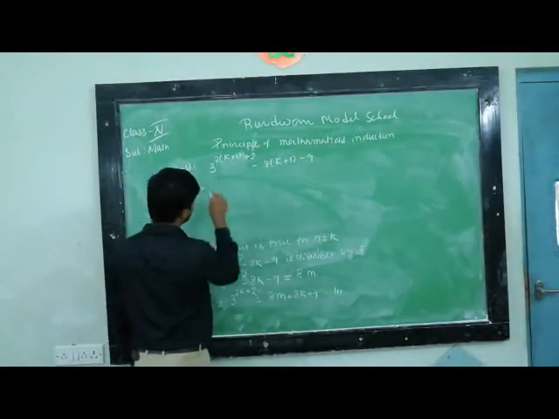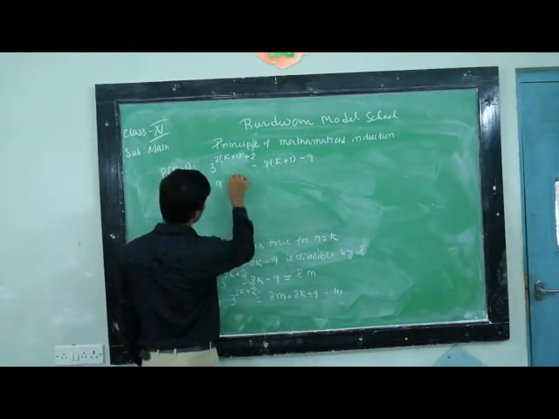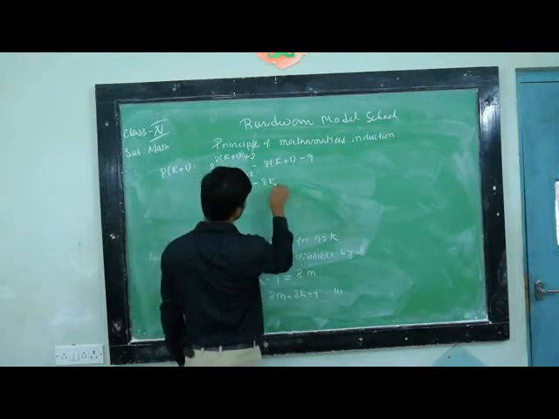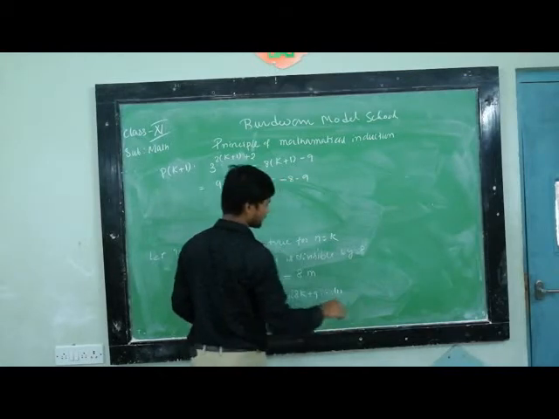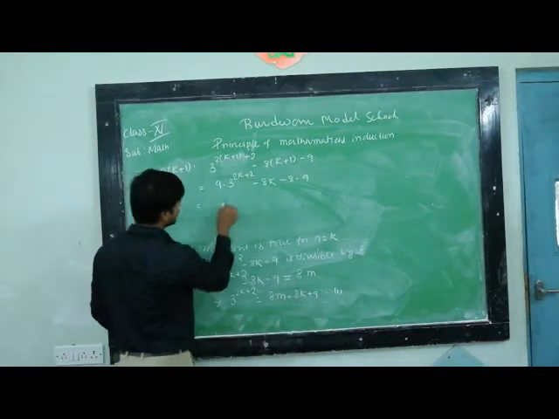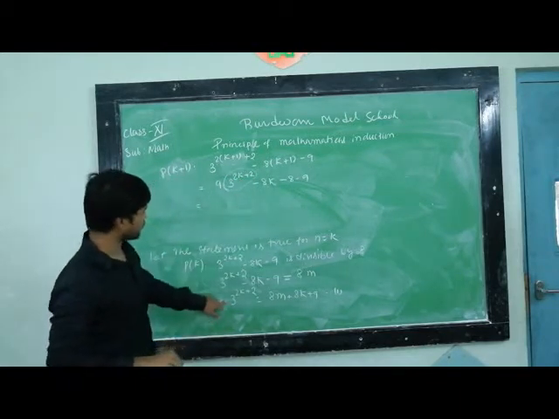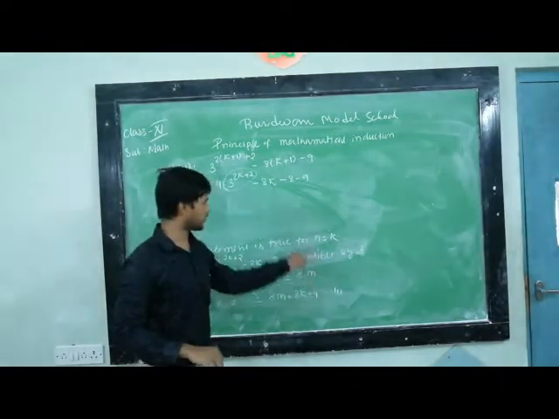Now look, this expression can be written in the form 9 into 3 to the power 2k plus 2 minus 8k minus 8 minus 9, which is equal to, now we know the value of this term 3 to the power 2k plus 2 from equation number 1, that is 8m plus 8k plus 9. Put it here.